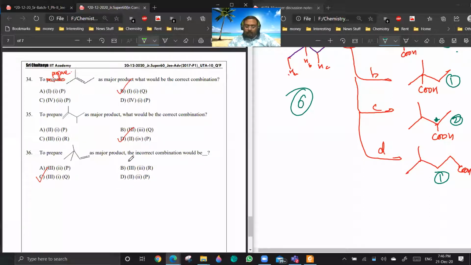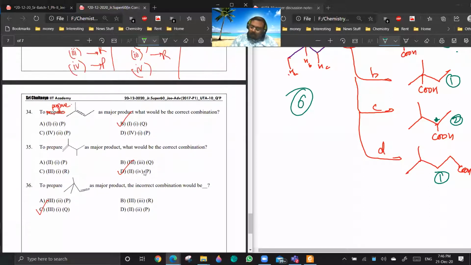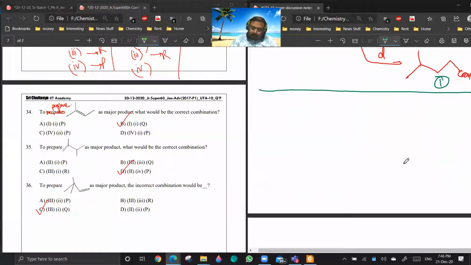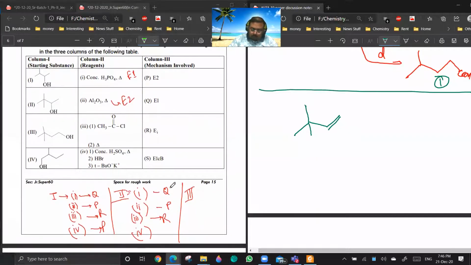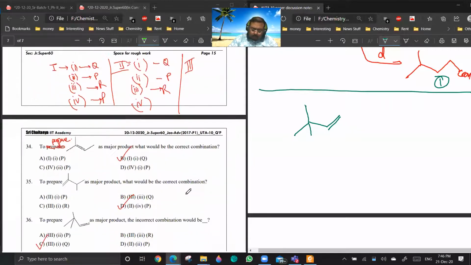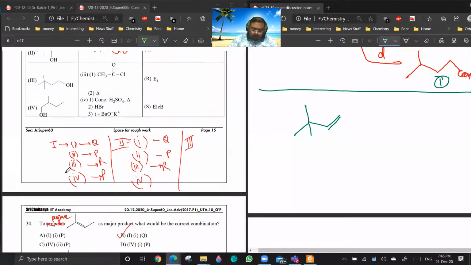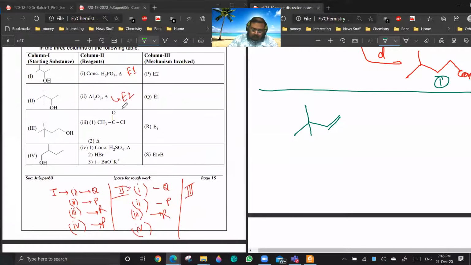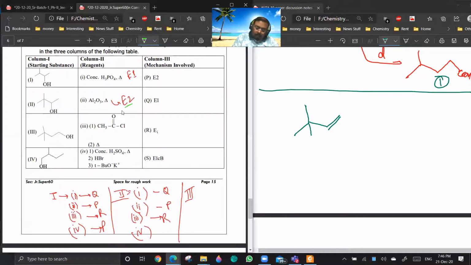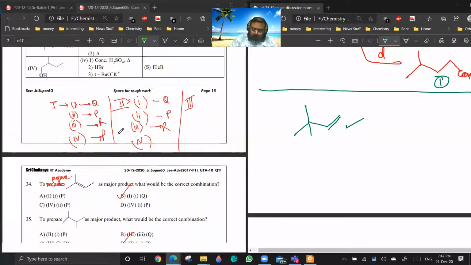So to prepare 36, which is the incorrect one? So 3, 2p. What is 3? 3 is this, 2 is this. So this will be doing E2 elimination, so it will give this product, right? So that is correct. Yes or no?